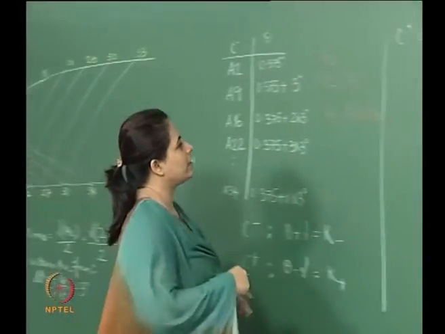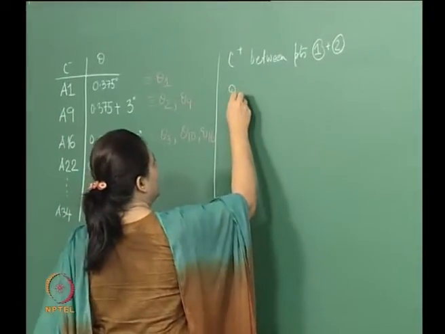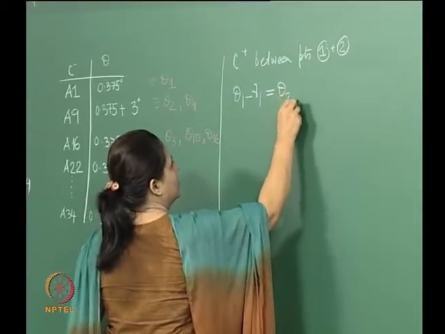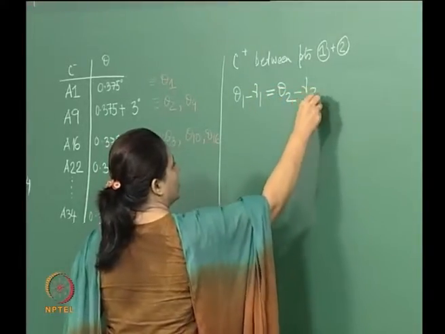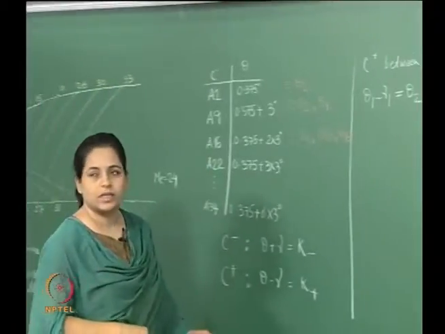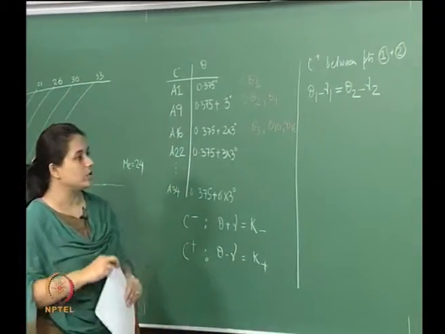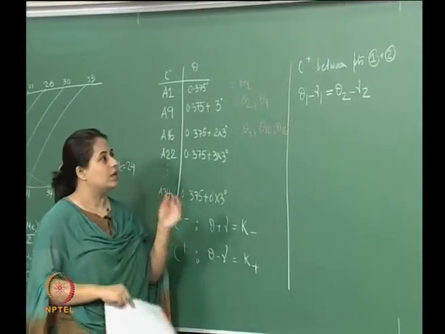So then what we get here is my compatibility equation, because on this C plus characteristic theta minus mu is a constant.